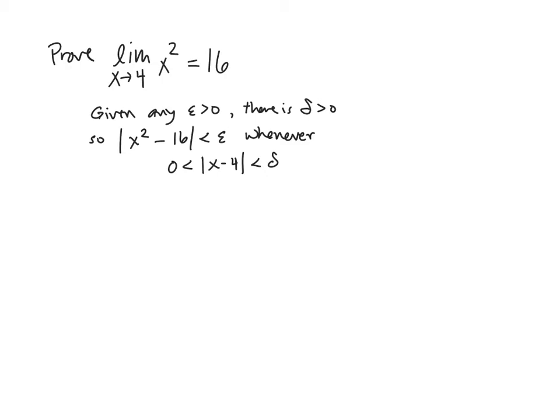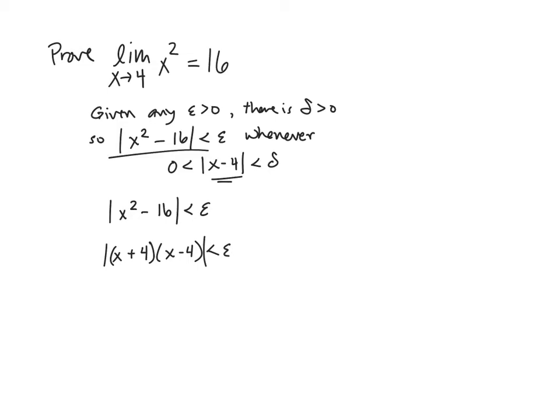Again, I want to start with this part. |x squared minus 16| is less than epsilon. And I want to get to something that involves the absolute value of x minus 4. So I'm going to take the x squared minus 16, and I notice that I can factor that into x plus 4 times x minus 4.